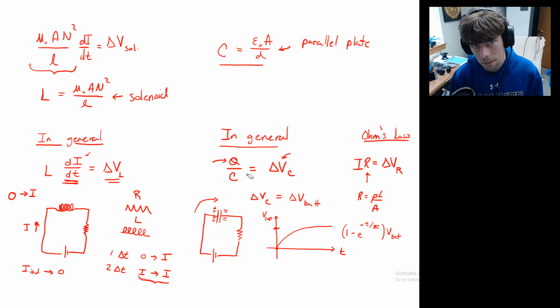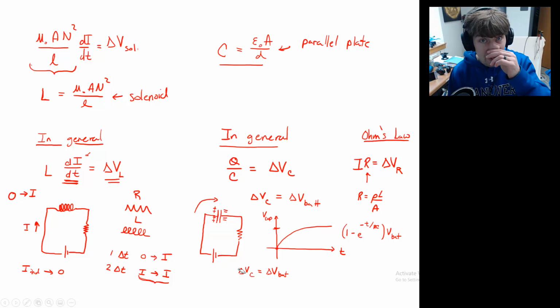But at long time intervals, when more charge has accumulated on the plate of the capacitor, the potential drop across the capacitor increases to the point where it equals the drop across the battery. And the capacitor starts looking like a break in the wire. Current stops flowing altogether.